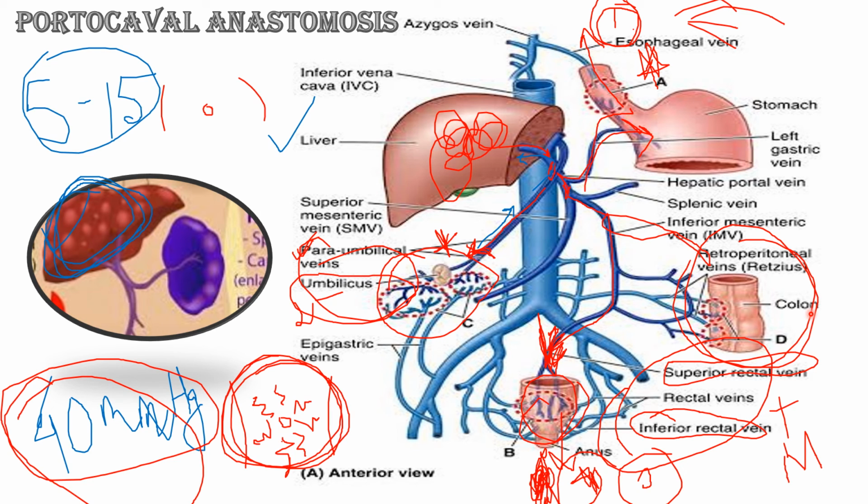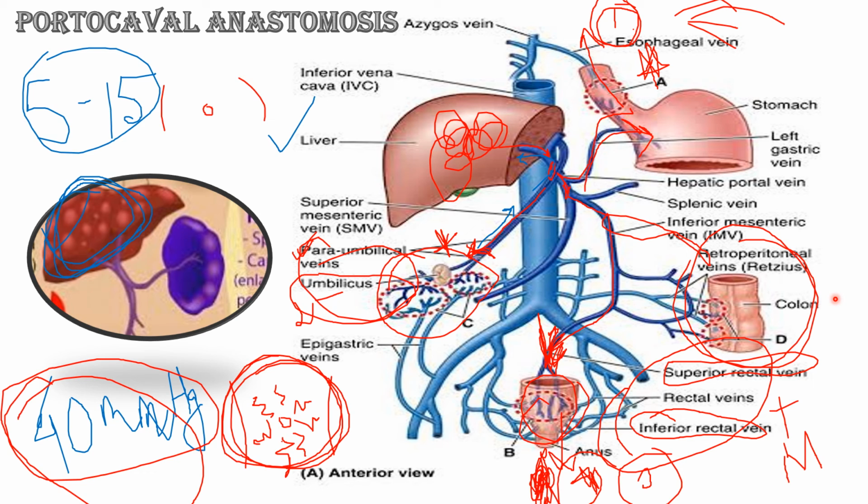So in this condition also, the patient will develop problems because the retroperitoneal veins of the abdomen and the renal capsule also anastomose there. The splenic vein anastomoses with the renal and the azygos vein also. So this part you also have to understand, and that is why the patient will develop complications in the posterior abdominal wall also.